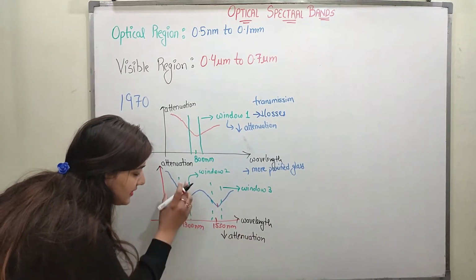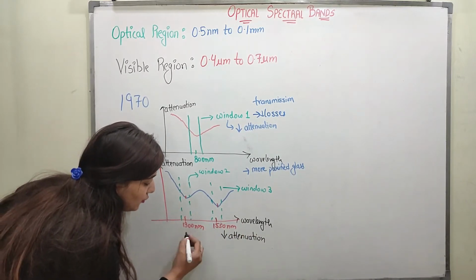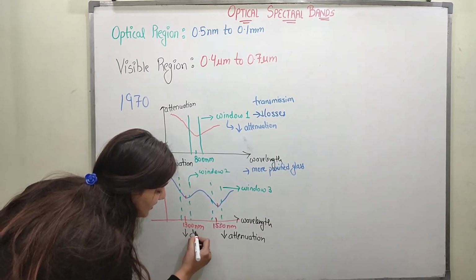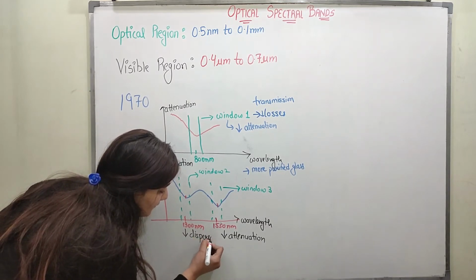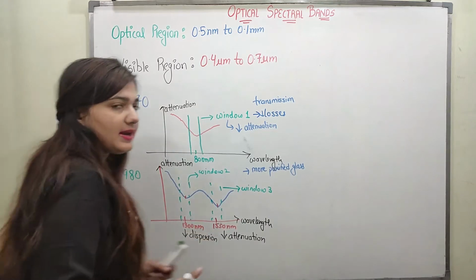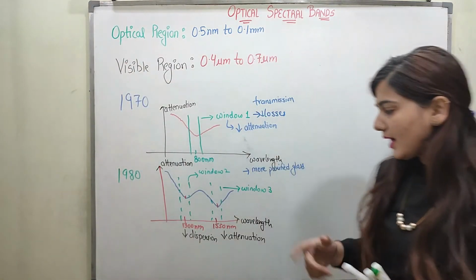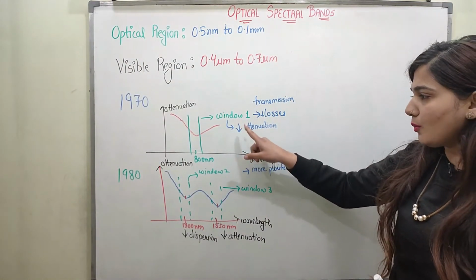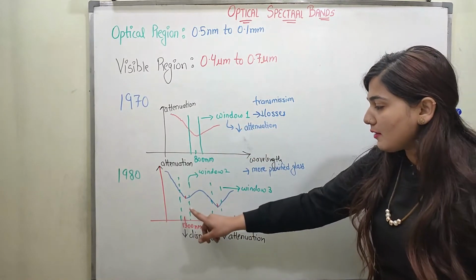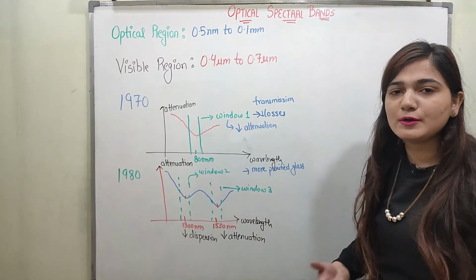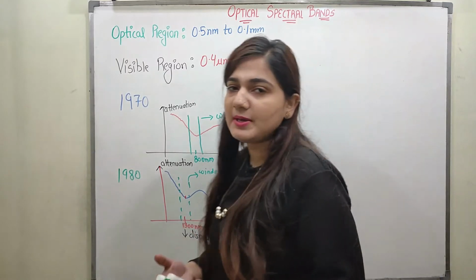But in window 2 we have the least dispersion losses. So both of them have their advantages. We worked on window 1 in the previous times, and now we work on window 2 as well as window 3 depending upon the type of application.